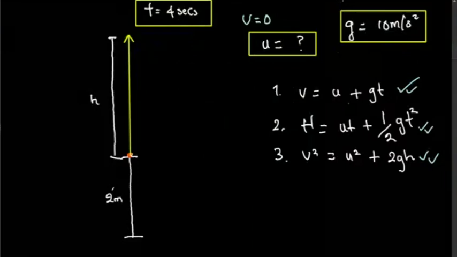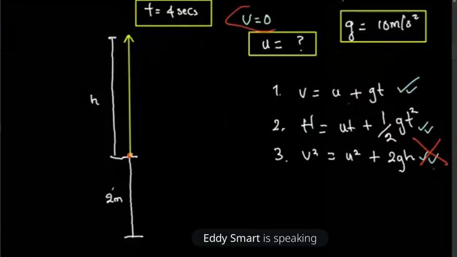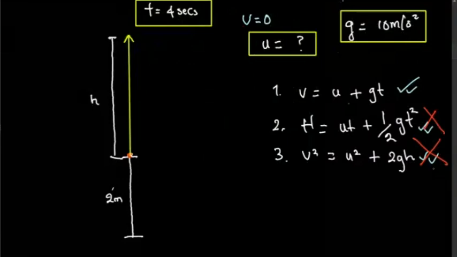There is no T in equation 3. What is left? Final velocity. Equation 1 and 2. Okay. So there is no final velocity in equation 2, Abi? Yes. That means the one we can use is what? Equation 1. So using equation 1, V is equal to U plus GT.